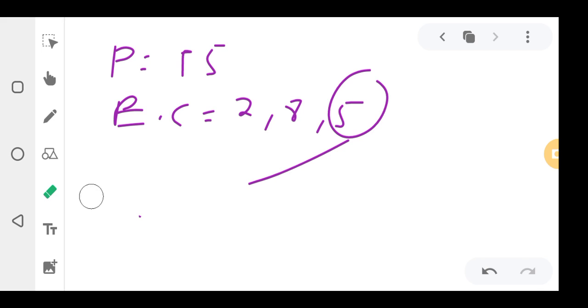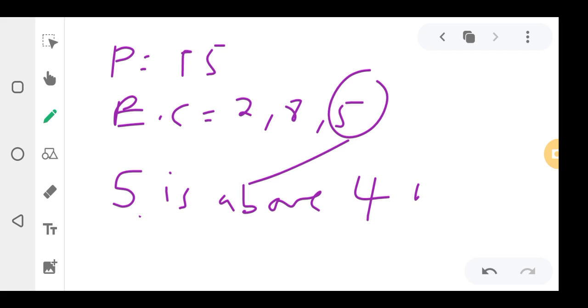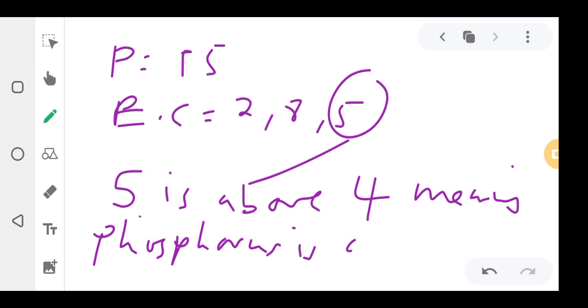It is 5. So 5 is above 4, meaning phosphorus is a non-metal.